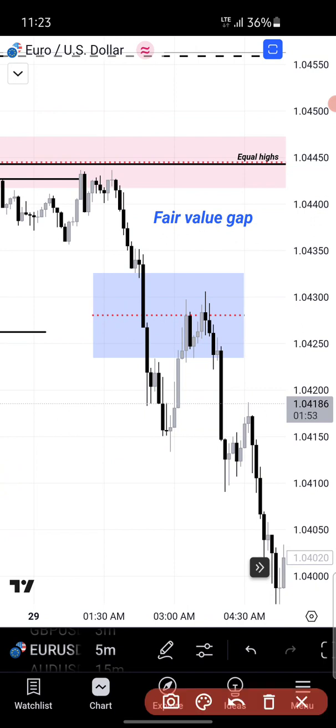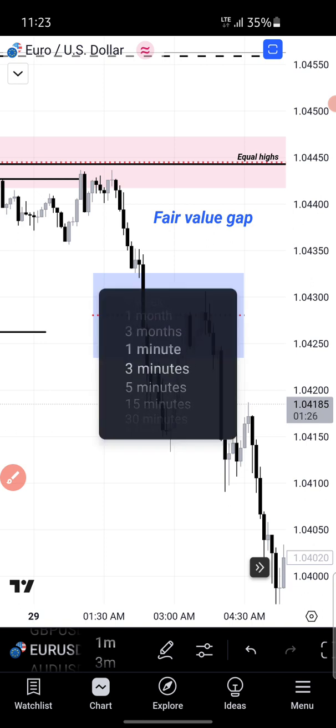We had this one and this one, two consecutive fair value gaps, but we have refined it in the 15 minutes time frame. So now you can see also here that the bodies in the 5 minutes were also resting or staying below the lower half of the fair value gap, which is also very, very important.